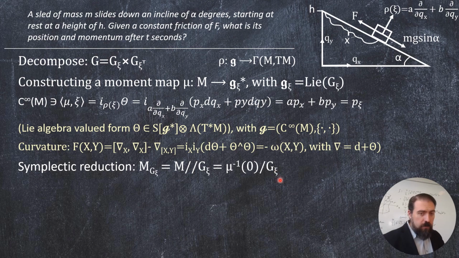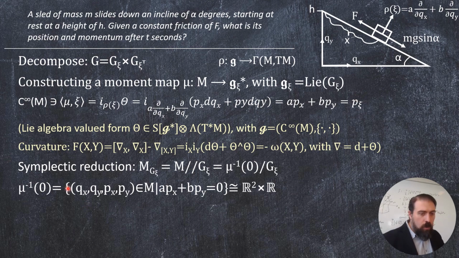And this means all translations along the direction perpendicular to the plane. And what does this mean? Well, this mu here, that was p psi, right? So we're looking for everything really with a p psi that is 0. That is to say, every point on the manifold with a p psi that is 0.